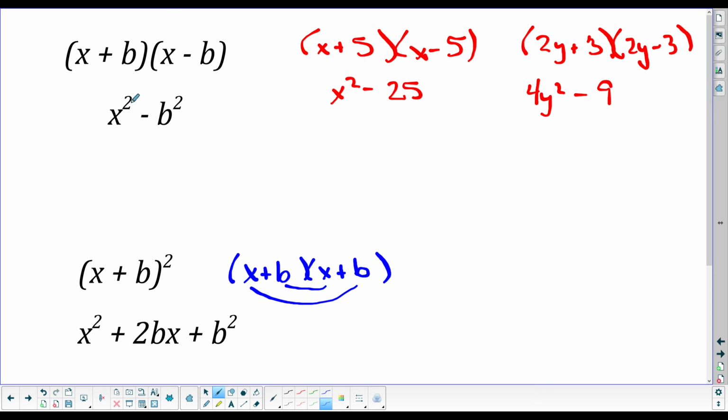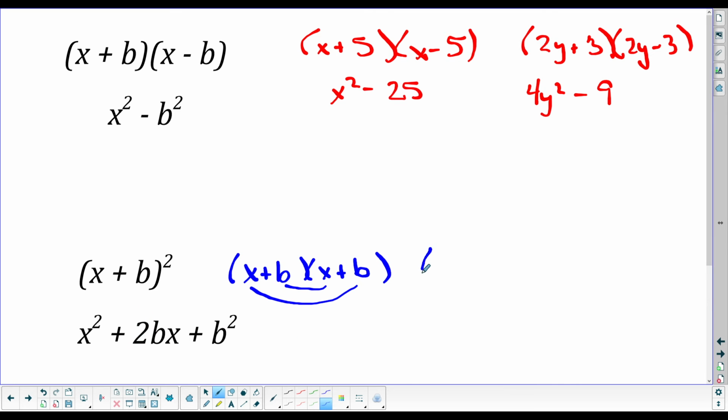So this gives us x squared on the very front, b squared on the very end, and in the middle I have x times b, and then I multiply that by 2. That multiply by 2 comes from the fact that the outside and the inside will be the same, so when I combine those like terms, I'll get two of them.